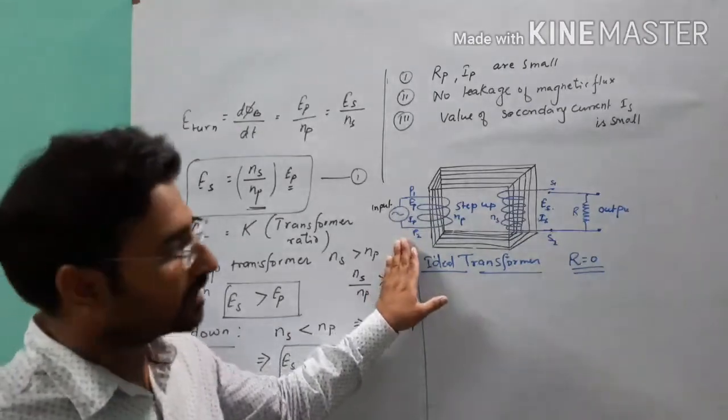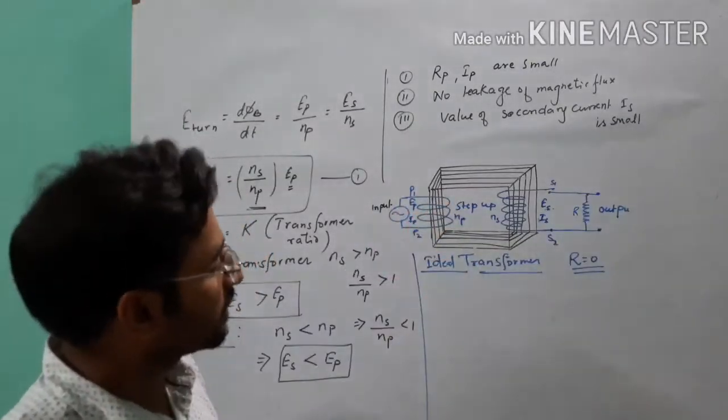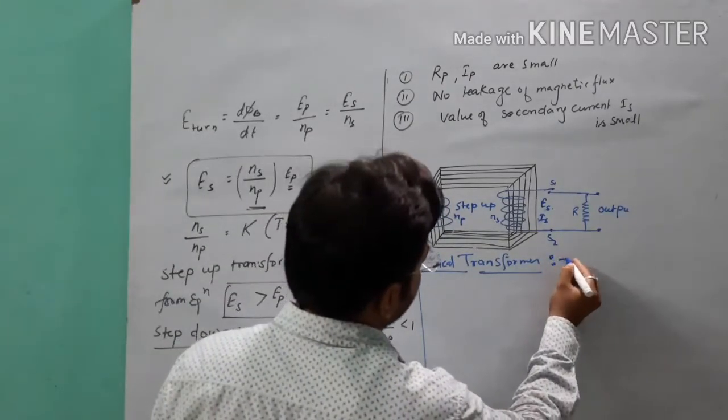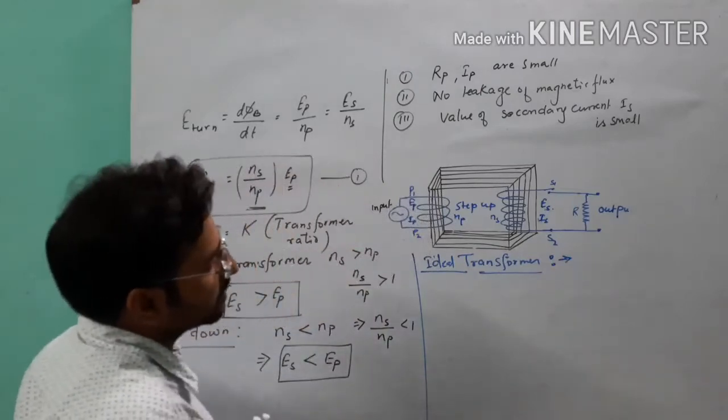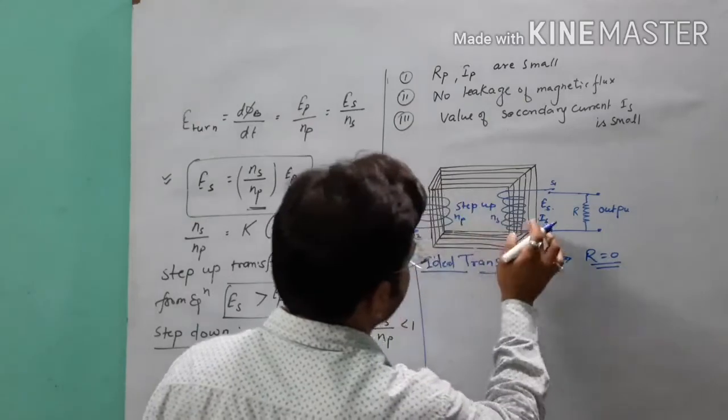Basically it is not true, there is some resistance in the coil, but in an ideal transformer, the resistance of the coil will be 0.